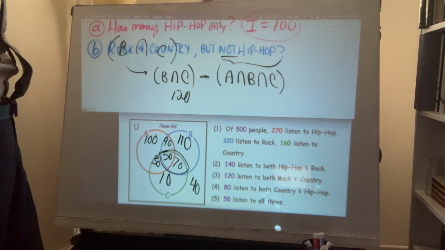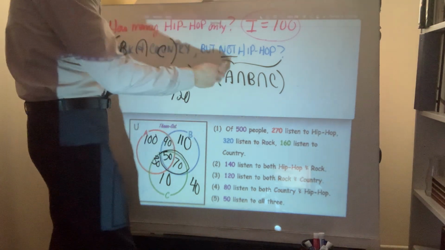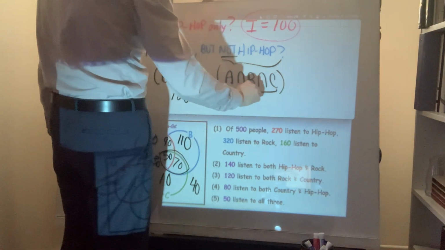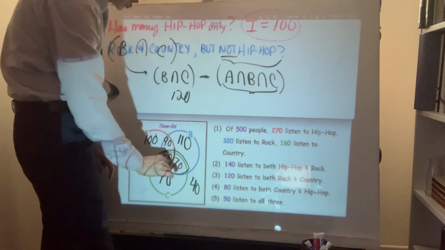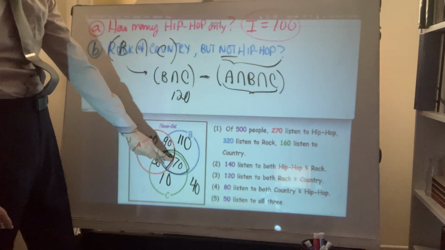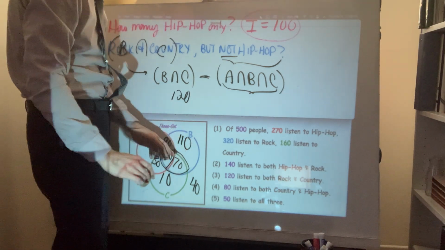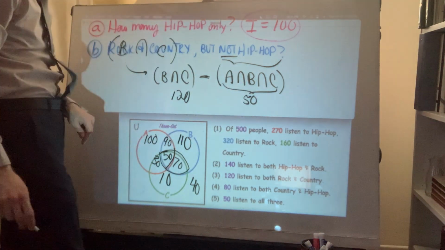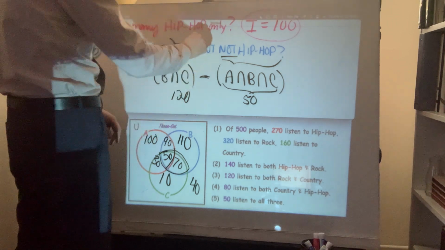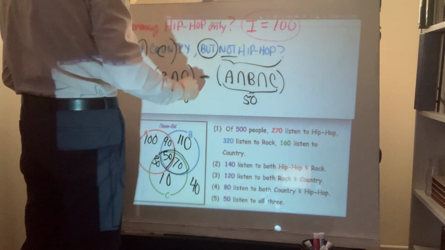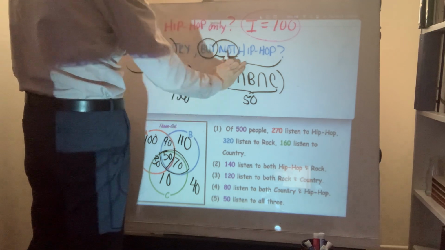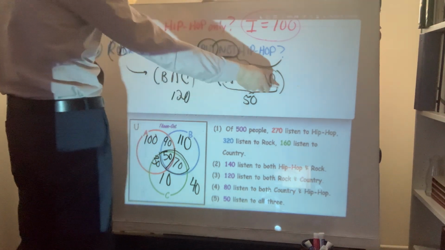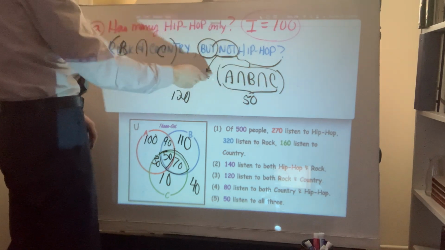The region that would be all things would be basically that chunk of it, the overlap of all three rather than the overlap of two. So realistically, this is just 50, the dead center. So if it is "but not," this is implying in a very subtle way that hip hop would be included, but "not" would be minusing that.